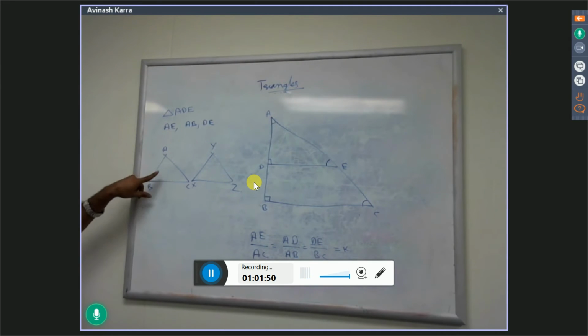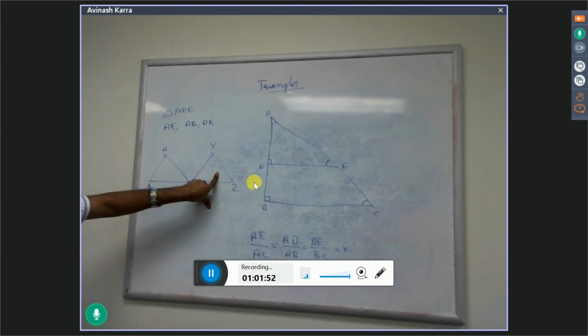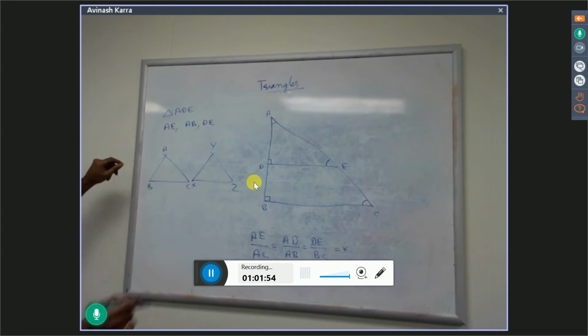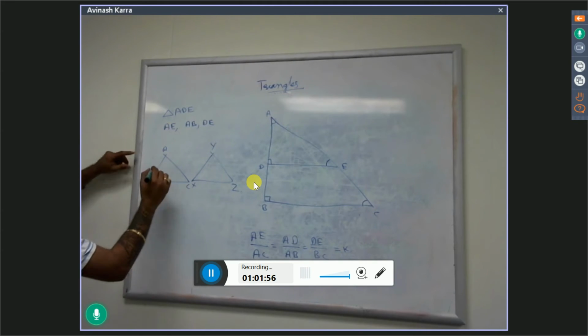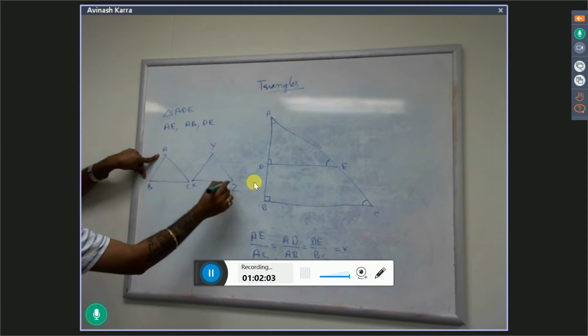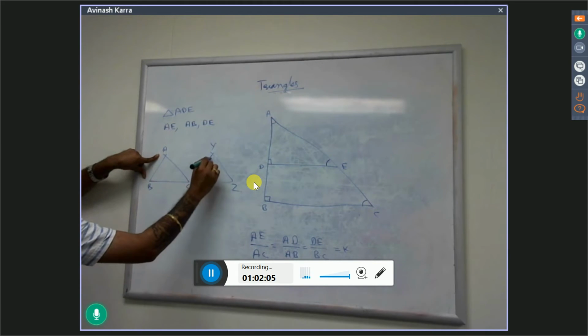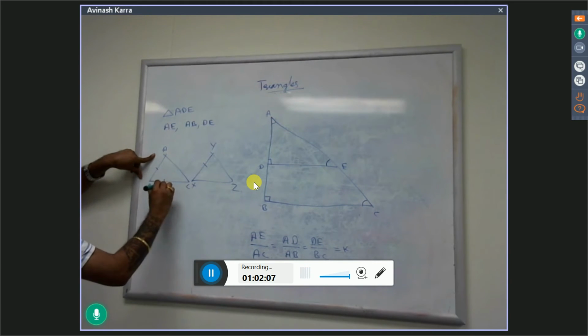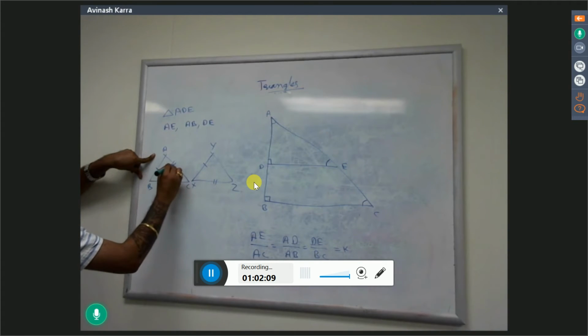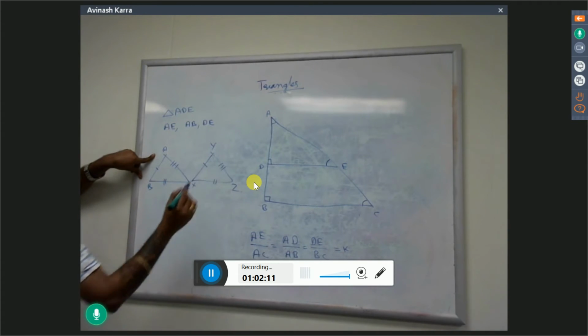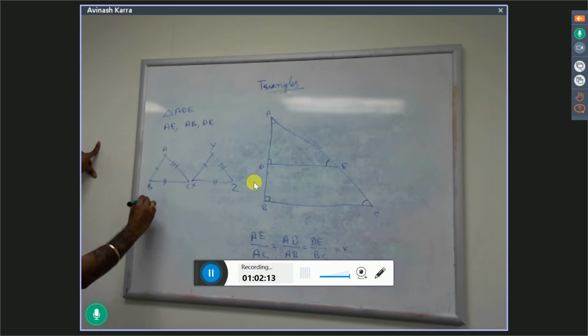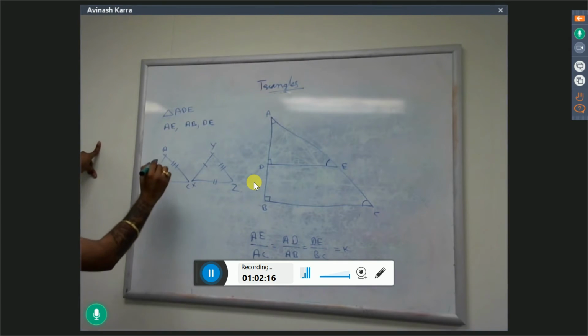If I say triangle ABC is congruent to triangle XYZ, for example, the corresponding side of AB in triangle XYZ is XY. It means the triangles are congruent.